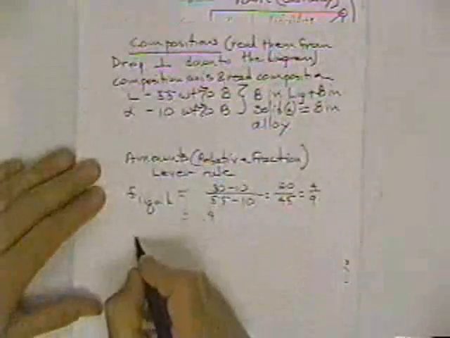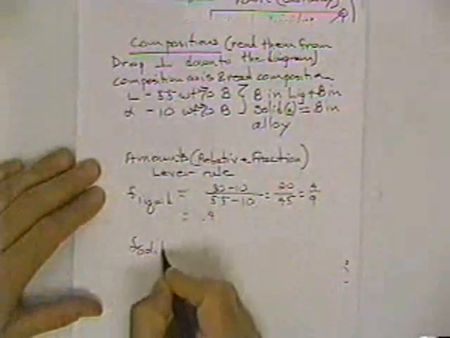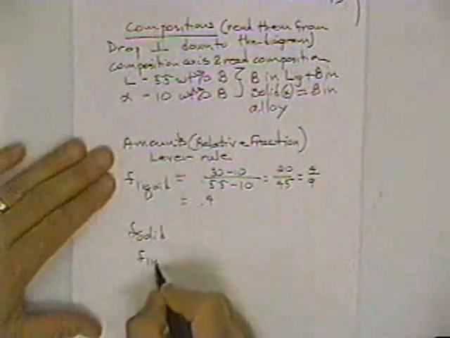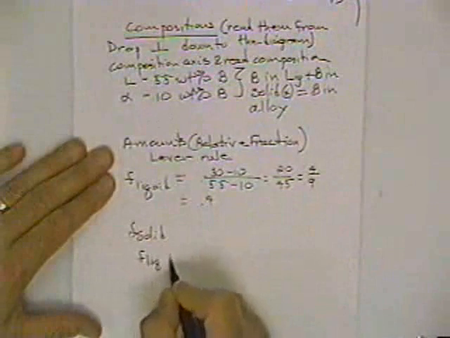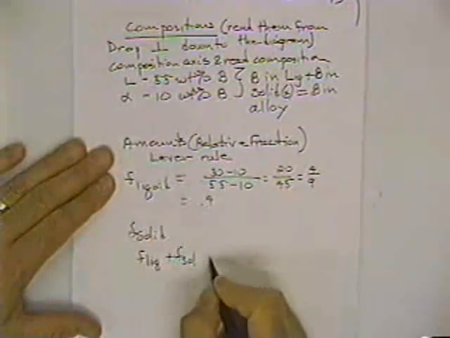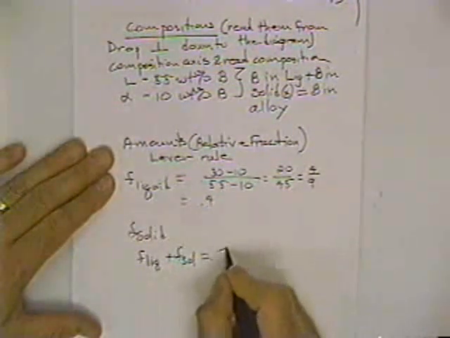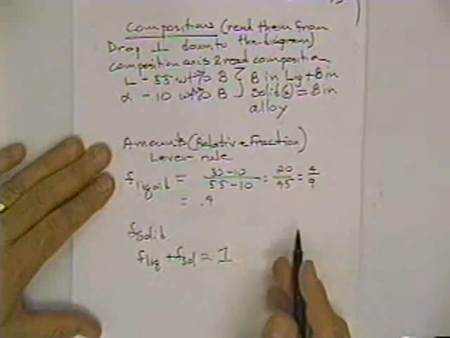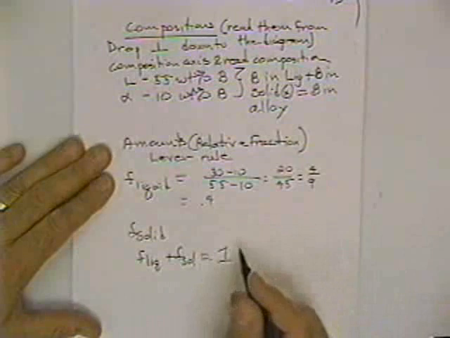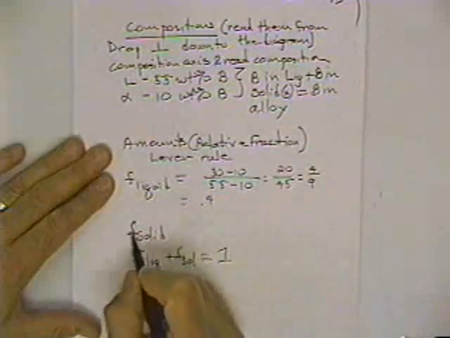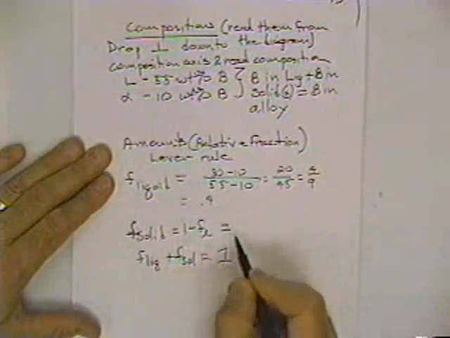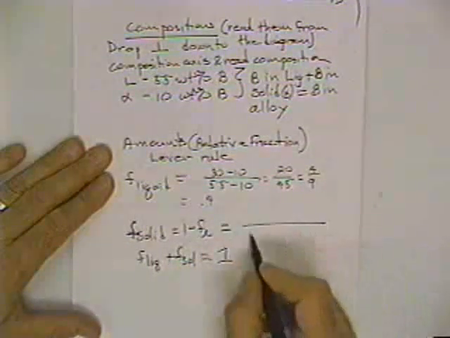Okay, so now let's determine the fraction of solid. Now a couple of you who are ahead of me know that the fraction of the liquid plus the fraction of the solid has to equal what? 1, or percent, has to equal 100. So we could write the solid right away. The fraction of the solid is going to be equal to 1 minus the fraction of the liquid. But let's do it with the lever arm.